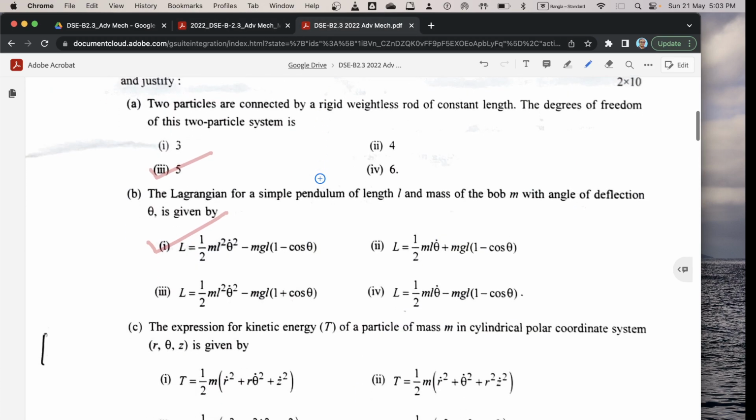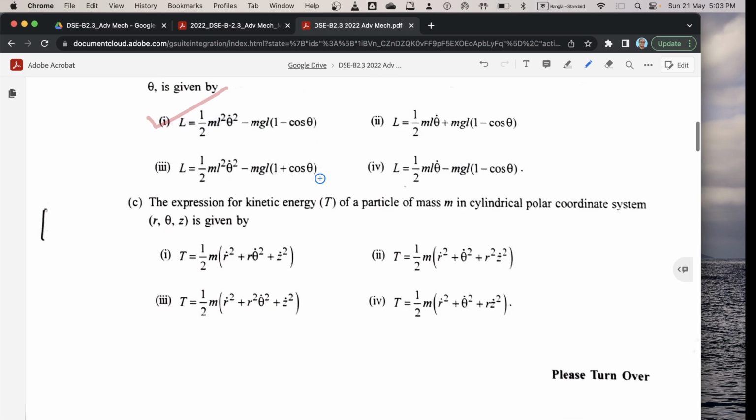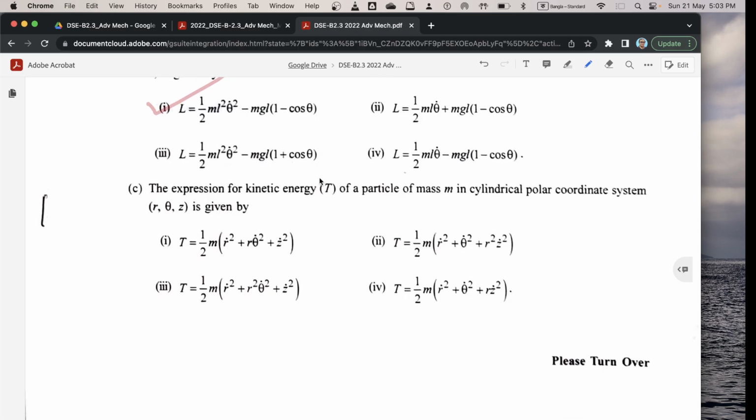Next question 1C. The expression for kinetic energy T of a particle of mass m in the cylindrical polar coordinate system (r, theta, z) is given by: the correct option is 3.